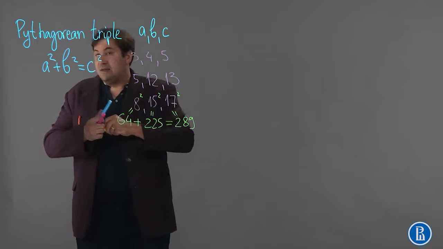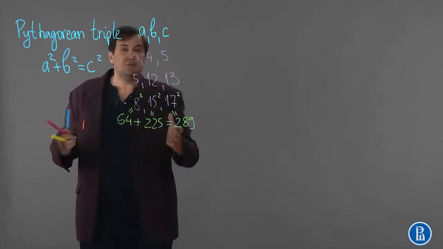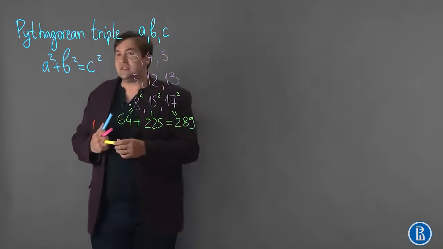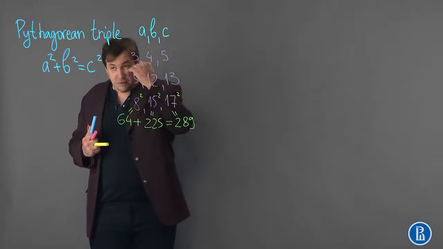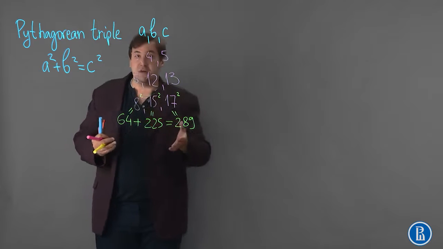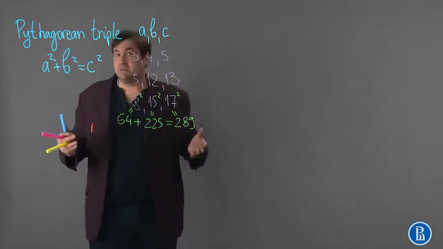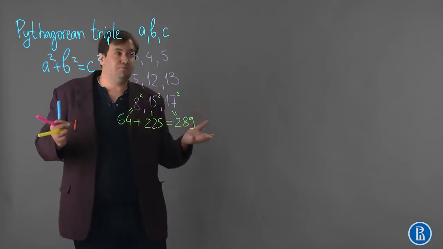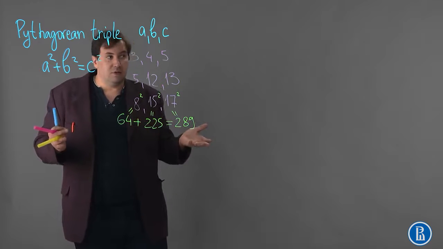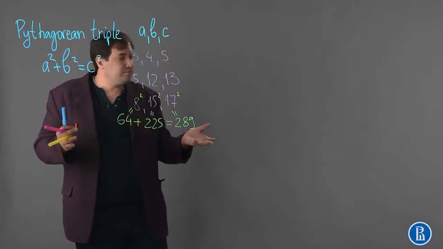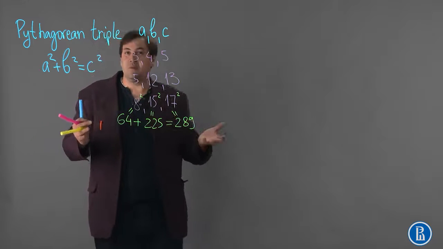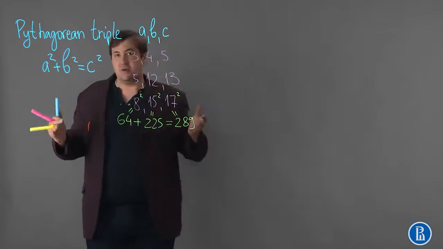Well, of course, there are many questions about Pythagorean triples. For instance, are there finitely many or infinitely many Pythagorean triples? Are there any common properties of all Pythagorean triples?